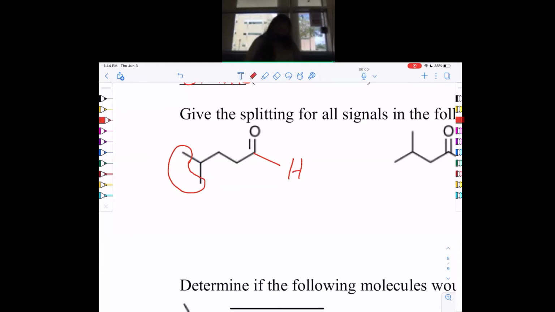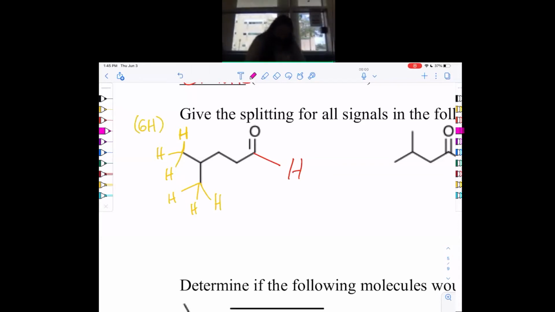I'm going to say we have 1, 2, 3, 4, 5, 6 hydrogens that are all part of the same signal. So the integration is going to be 6. I'm going to write 6H.